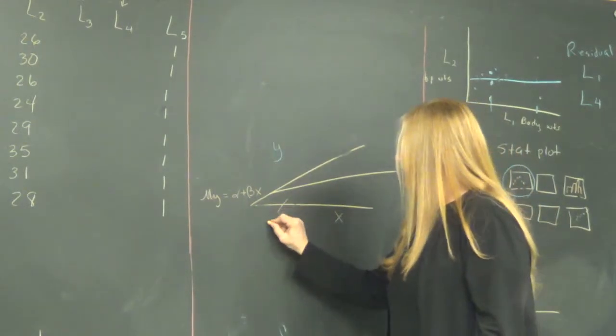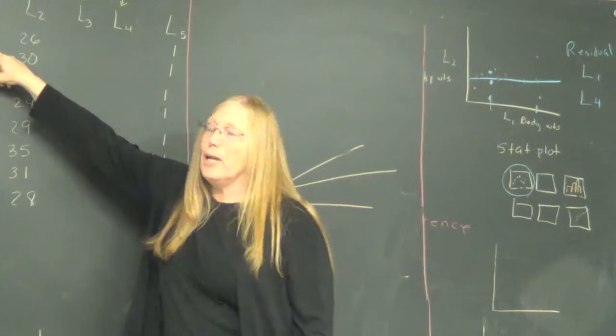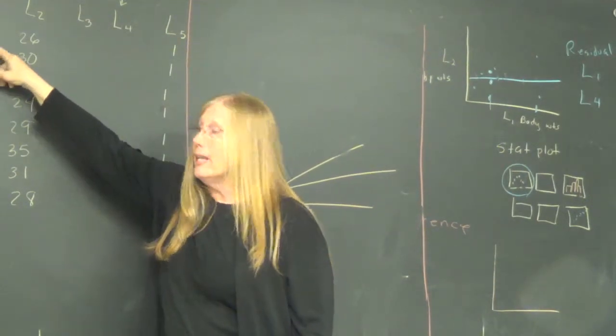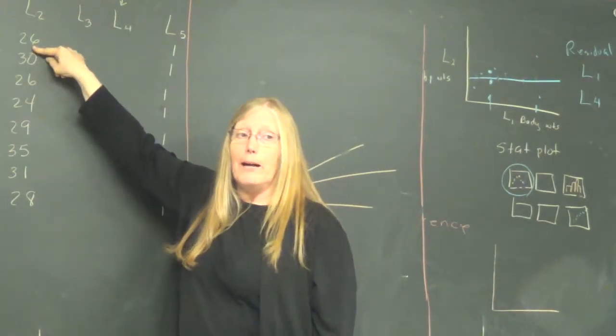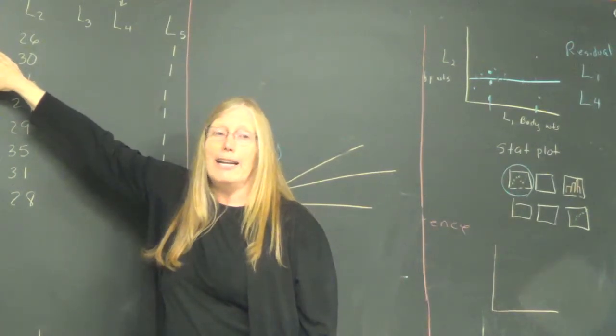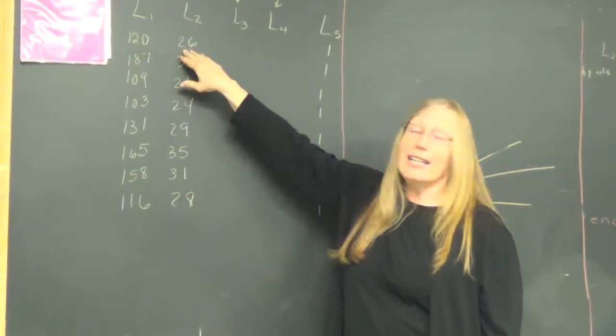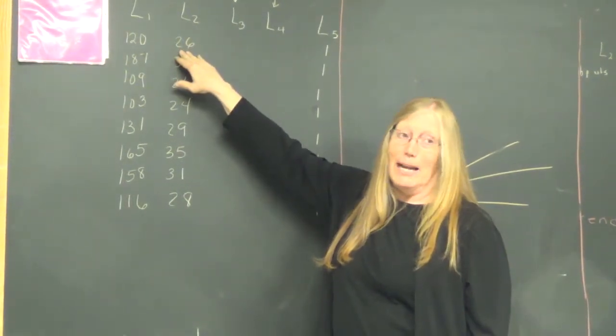So if I go to X1, say I go to those people who weigh 120 pounds, then in the whole population there's not just one person that weighs 120 pounds. There are a gazillion people. And guess what? They all have a different backpack weight.